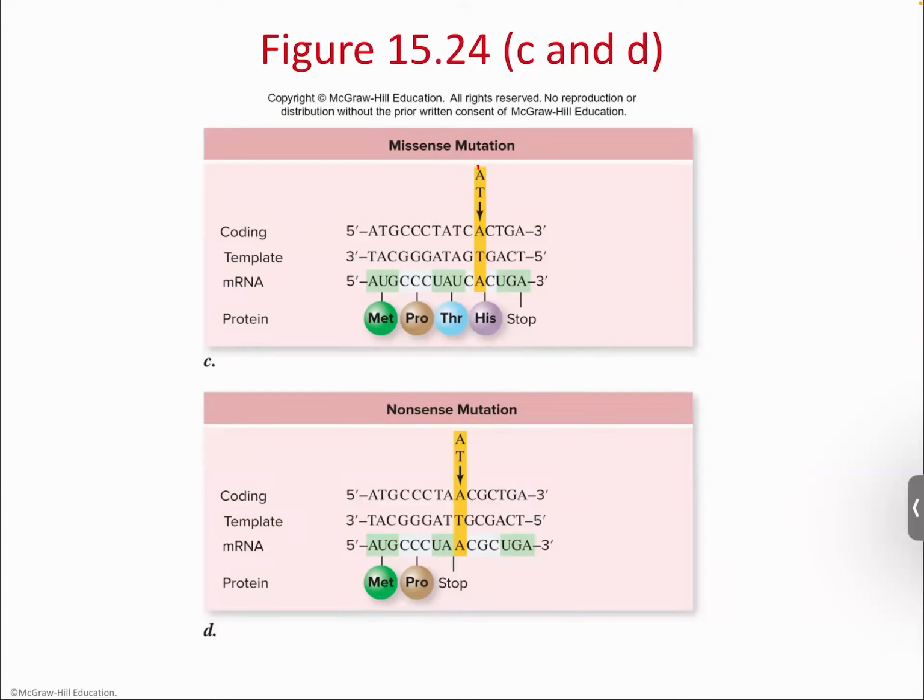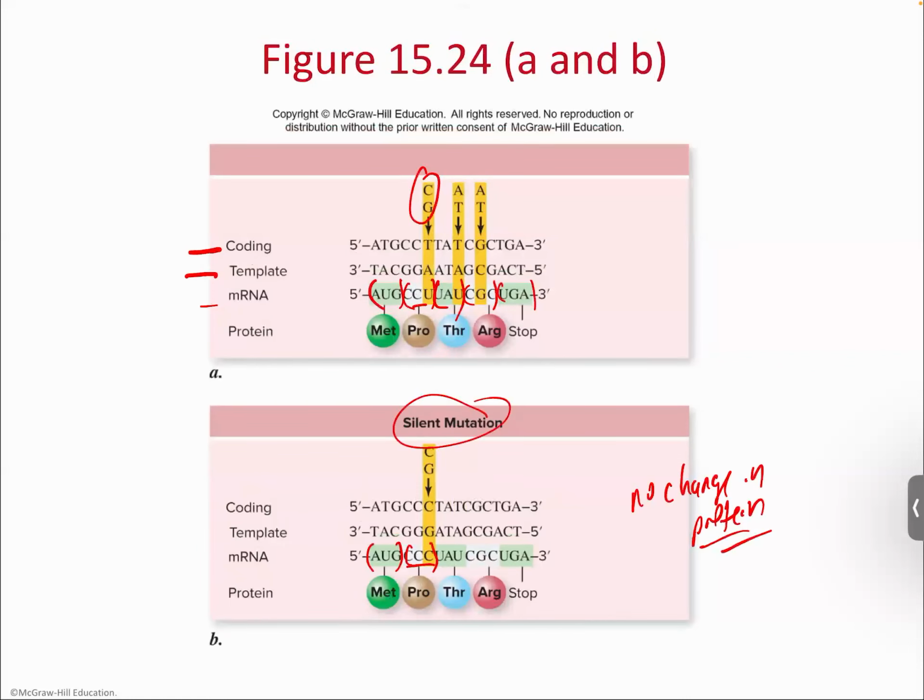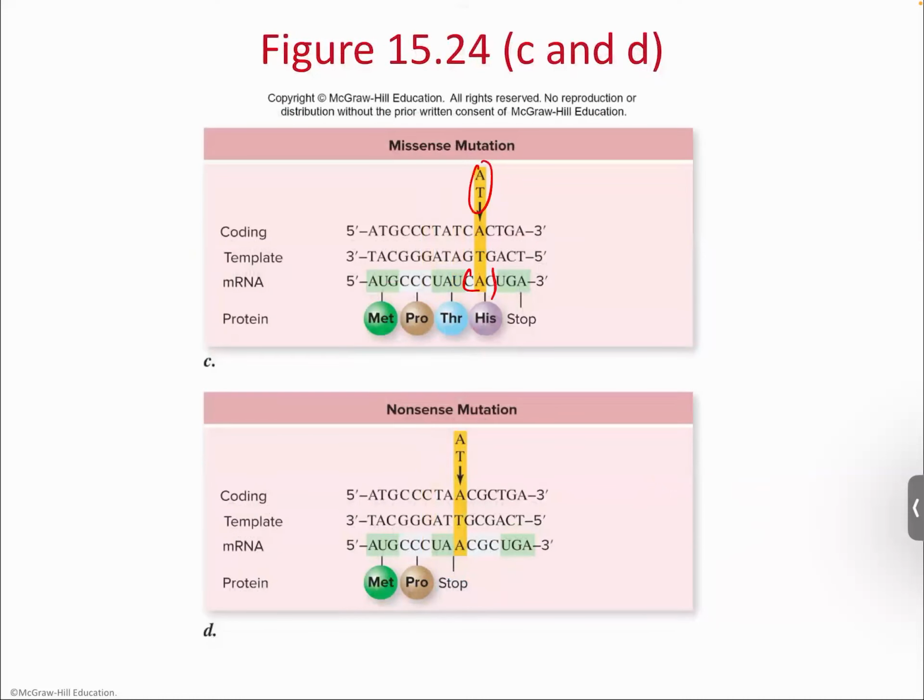So in the case of a missense, we're going to take this and we're going to convert this one right here. So notice originally you have a methionine, proline, threonine, and it's supposed to be arginine. But what happens is instead of arginine, CAC encodes a histidine. So here you have a change in your amino acid. Now, whether or not that is tolerated totally depends on where in the protein it happens.